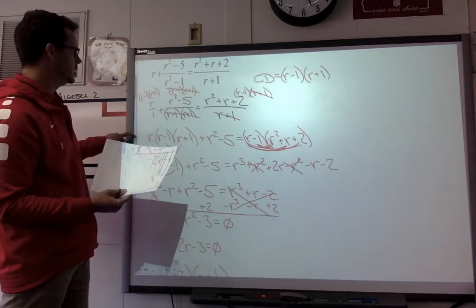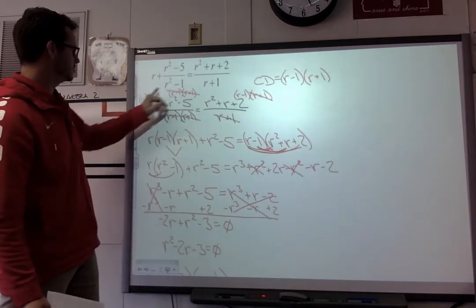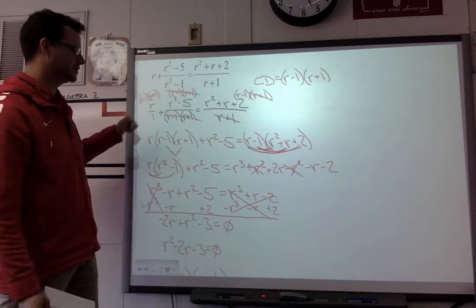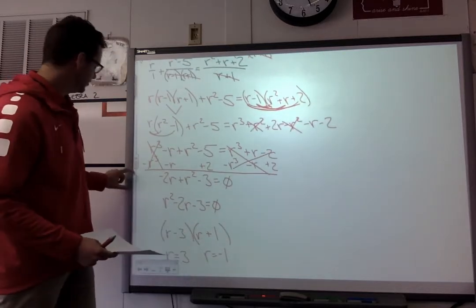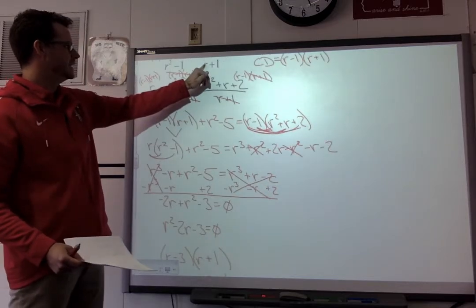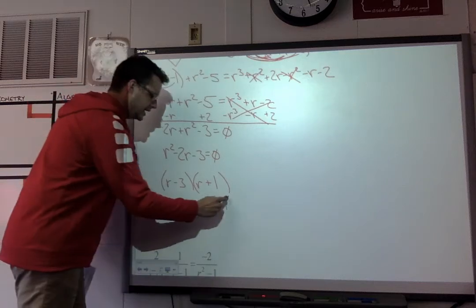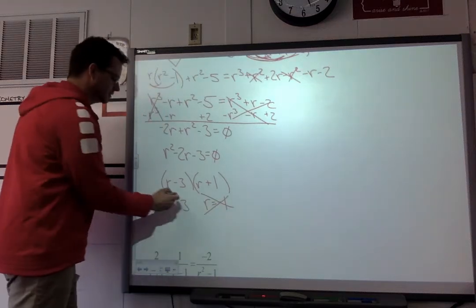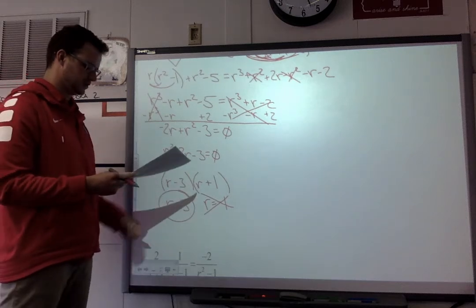And so if we look at this, if we plugged 3 in either of our denominators, that would still work. It wouldn't equal 0. But if we plugged in negative 1 plus 1 is 0. So we know that negative 1 is not a solution here. So our solution would be r equals 3.